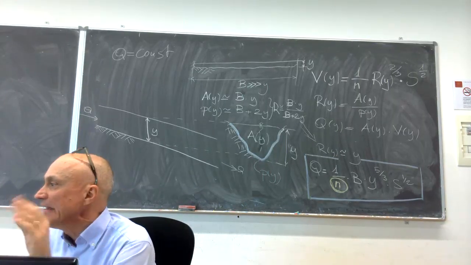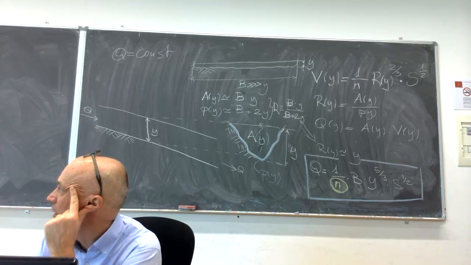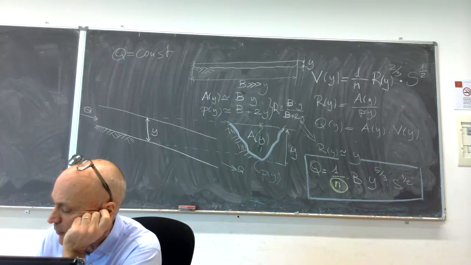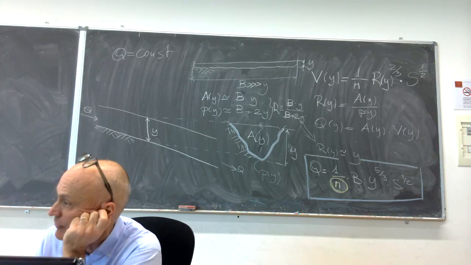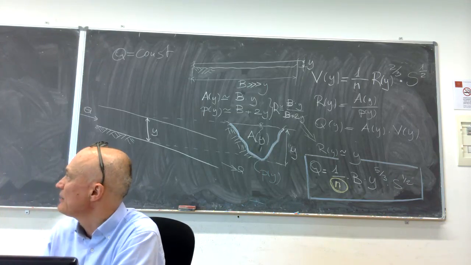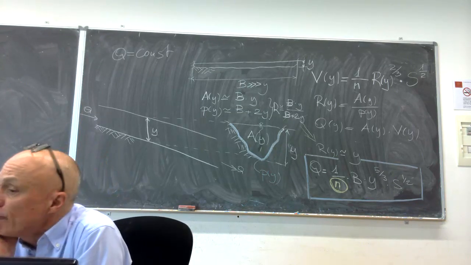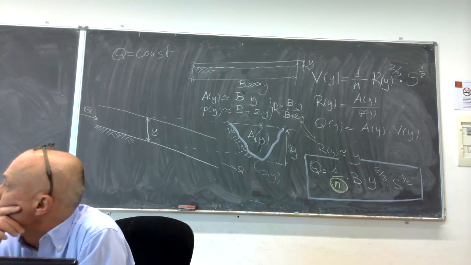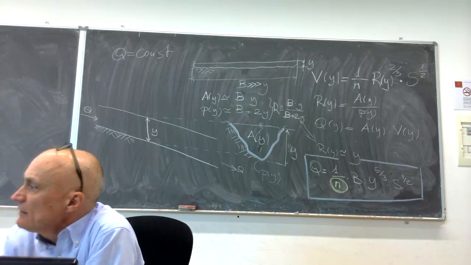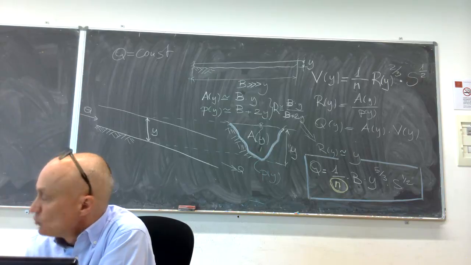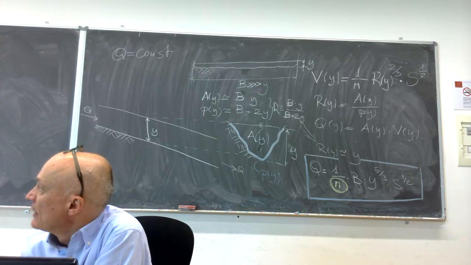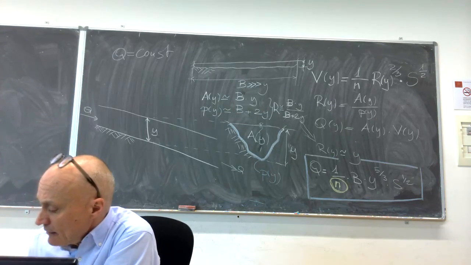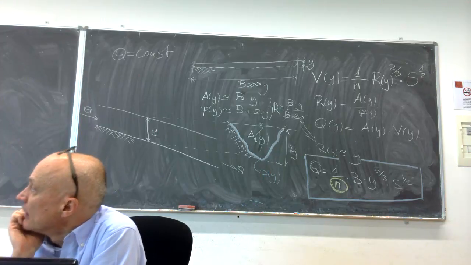Then if we're considering a mountain torrent, B could be, for example, 20 meters, and let's use half a meter water depth. Slope: give me a good average slope, please, for a mountain torrent.